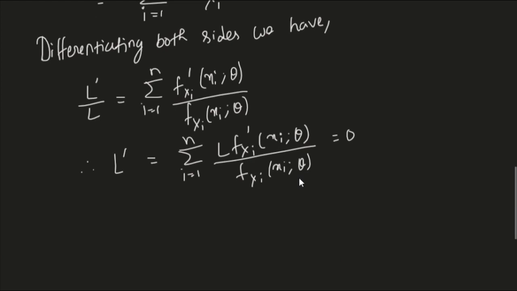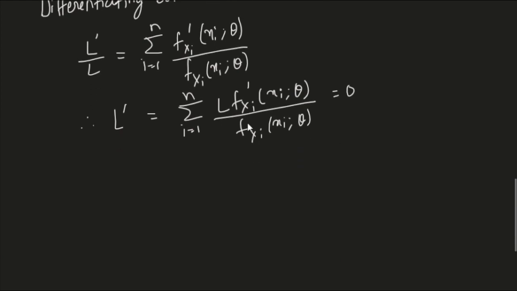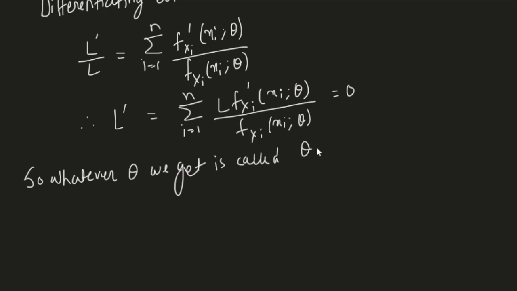And when this is equal to 0, we can find out certain values of it. So whatever θ we get is called θ MLE, which maximizes the likelihood.